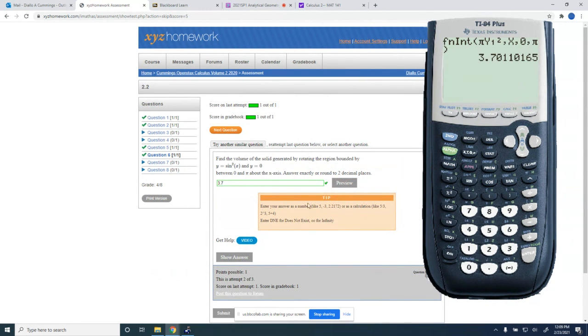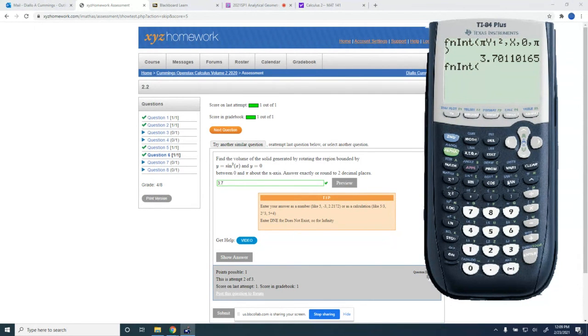Okay. So here my mistake was, if you're not using y sub 1, when you put that into the function integration, I'm going to put in the sine of x squared, and then you have to square it again, comma x from 0 to pi, and then you will get 3.7.